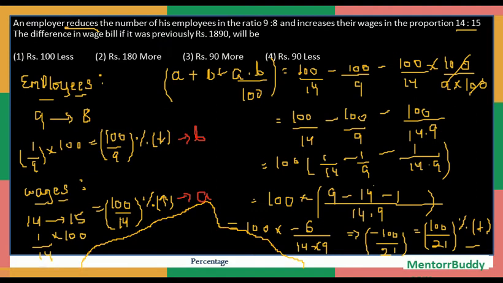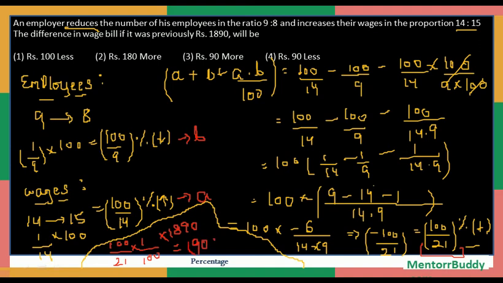The decrement will be 100 by 21% of 1890. So that will be 100 by 21% upon 100 into 1890. And solving this will become rupees 90.